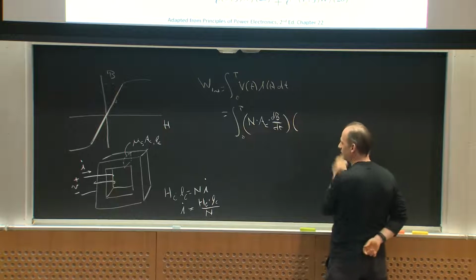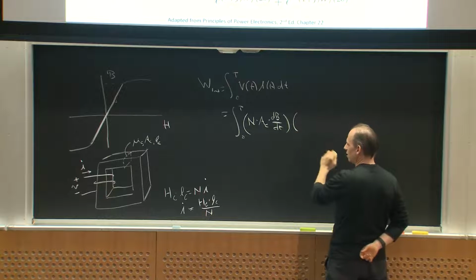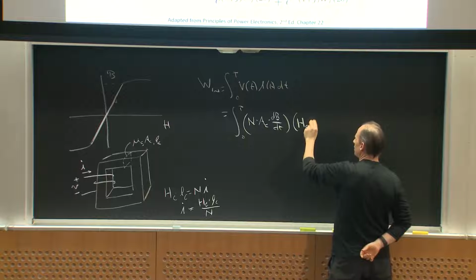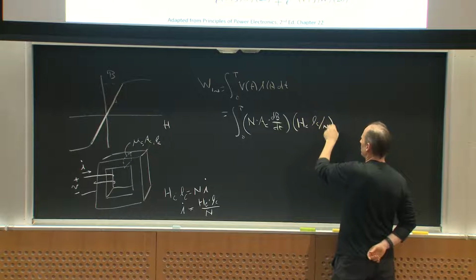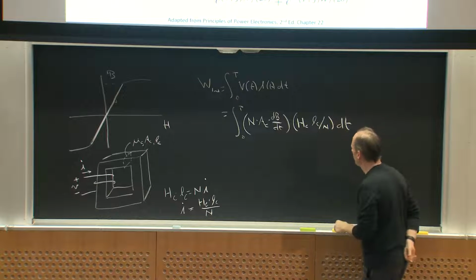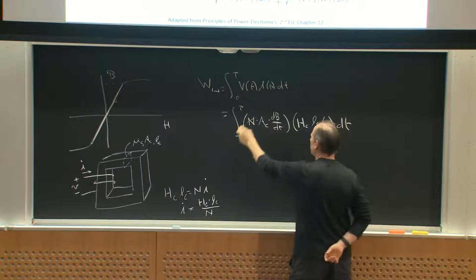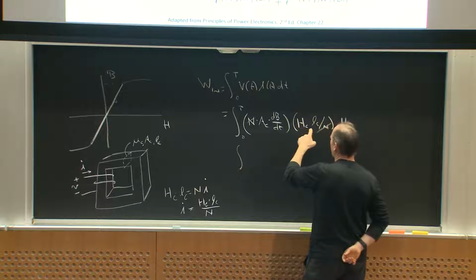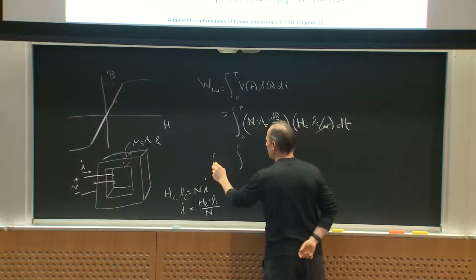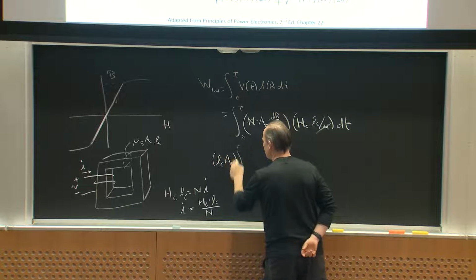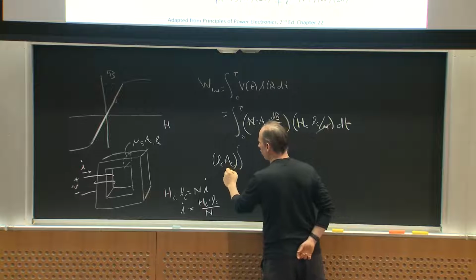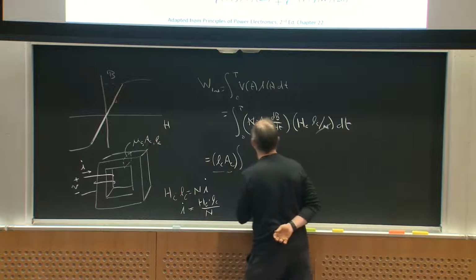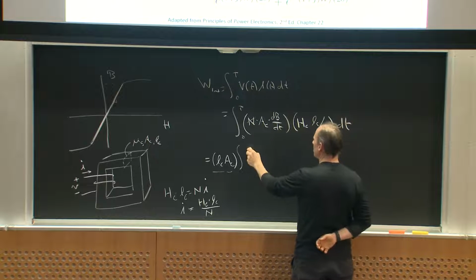So then I could write I of t as being equal to H_C times L_C divided by N. Okay, so let me cancel out the N's here, and let me isolate. I could write this as, let me take out L_C and A_C, the length of the core times the area of the core. This is just the volume of the core here, right? Times the integral of H dB.